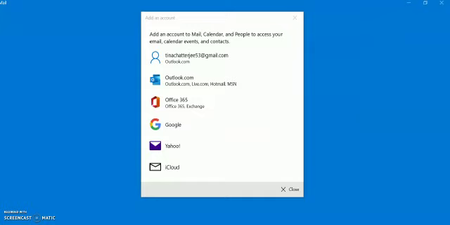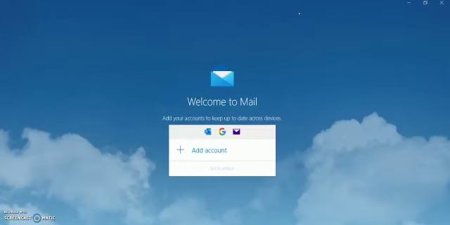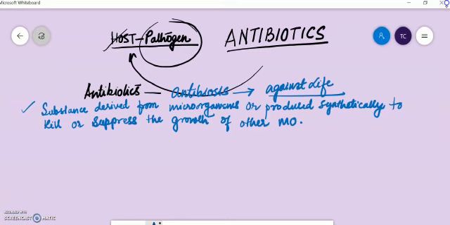So I will highlight a few key points in this definition. It is a substance which is derived from microorganisms and produced synthetically to kill. So it can kill the organism. This is another keyword: it can also suppress their growth, rather than killing it.